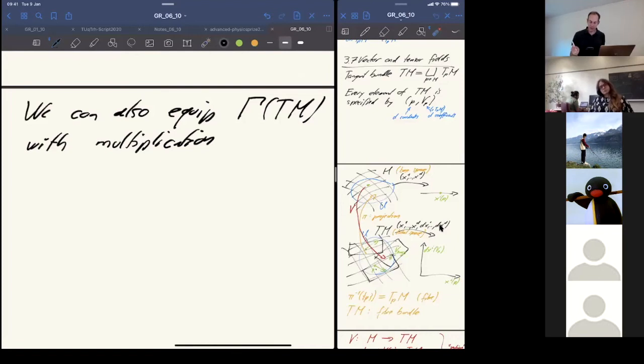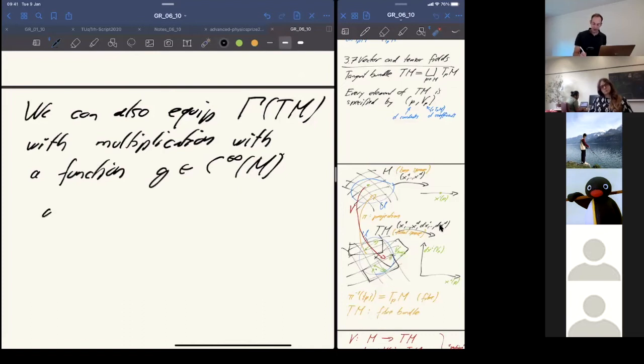So that's no longer an S multiplication, but a multiplication with a function, namely a function from C infinity of M. And again, it's extremely intuitive what you do. You take the function and multiply it with V. What does this mean? Point-wise, you evaluate the function at the point P, and this gives you a real number, and then you multiply this real number with the vector at the point P.